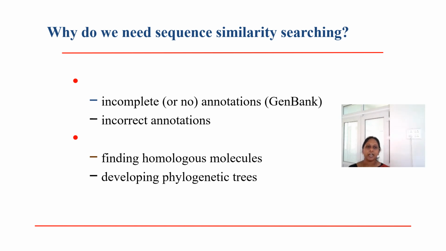You may have a sequence with incomplete annotation, without annotation, or with incorrect annotation. You can take any kind of sequence, and for this new sequence you can find the homologous sequences, and then you can also go for the construction of a phylogenetic tree. What is a homologous sequence?